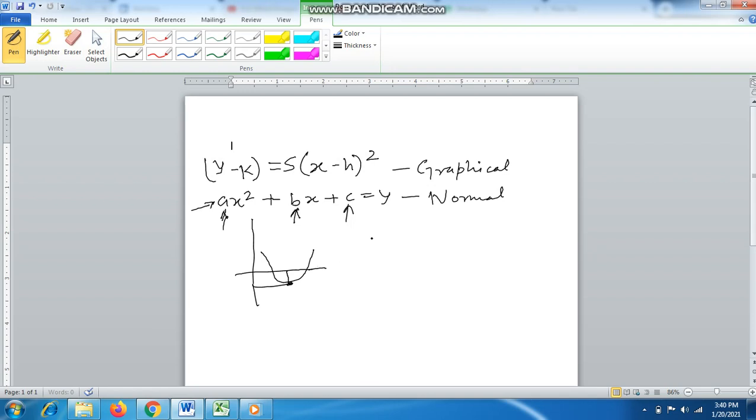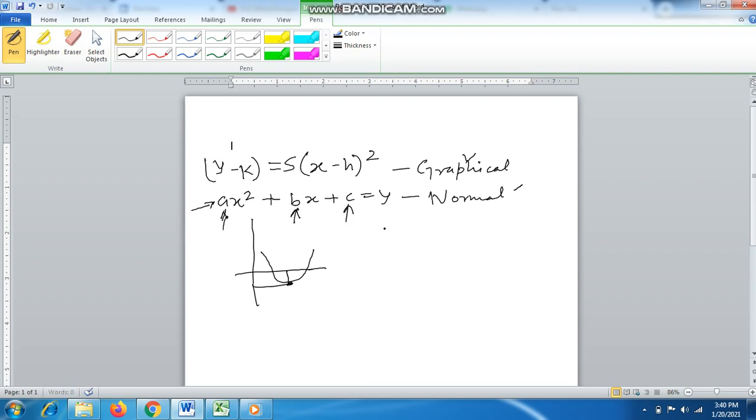So for that, we convert this equation, representing the graphical equation in terms of the normal equation. We can do that with a bit of algebraic transformation, which looks like this.